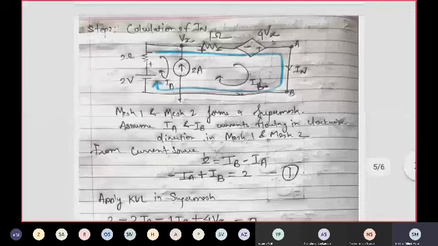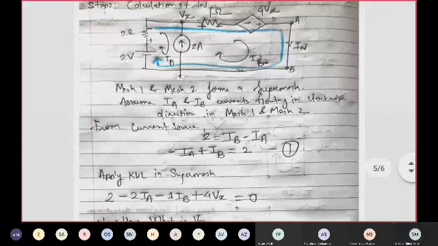Now all of you know the super mesh. Since the 2 ampere current is common between mesh 1 and mesh 2, here forms a super mesh. But before going for the super mesh, we have to find the value of control voltage Vx, that we will find afterwards.